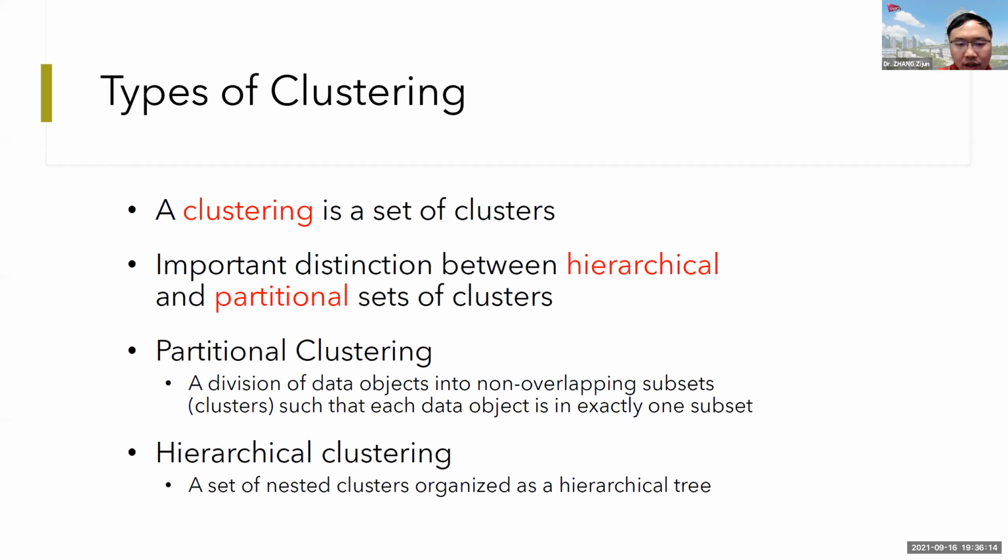So in this partition, there's no ambiguity. One data object can only belong to one cluster. There's no argument that one data point belongs to two clusters. You have to pick one cluster for the data point. That's partitional clustering.